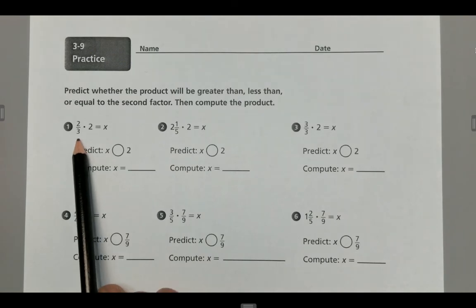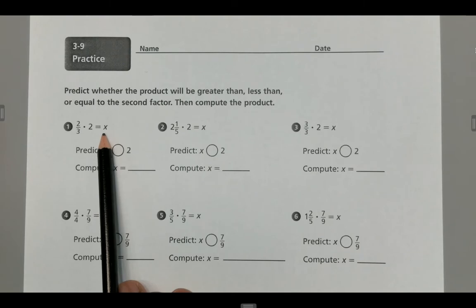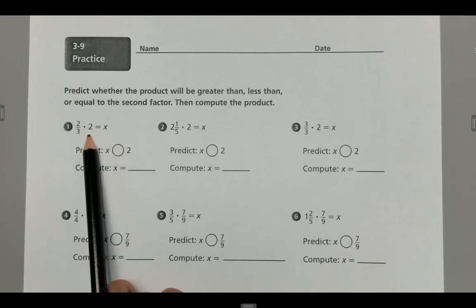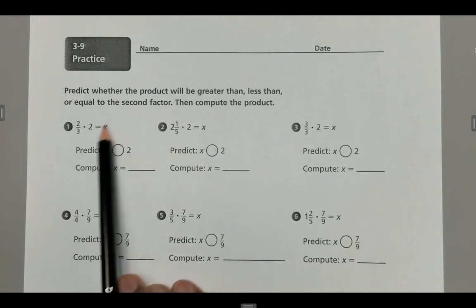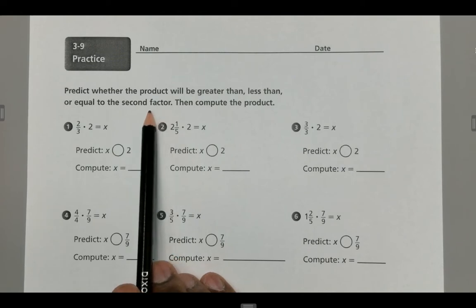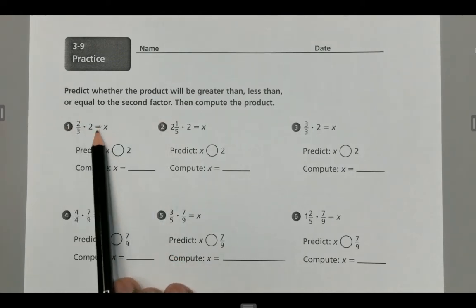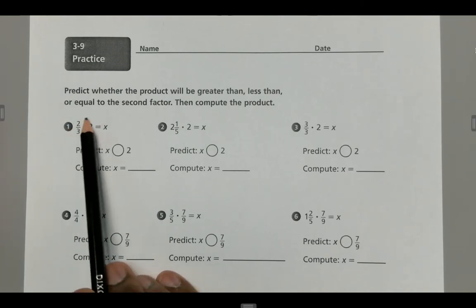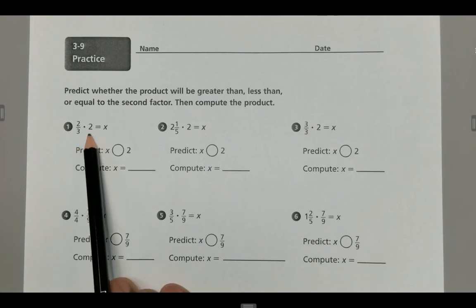In the case of problem 1, 2/3 times 2 equals x. Well, 2/3 and 2 are factors. 2 is the second factor. We're being asked to predict whether the product of 2/3 times 2, or what I get when I multiply these two values together, is going to be greater than, equal to, or less than 2.